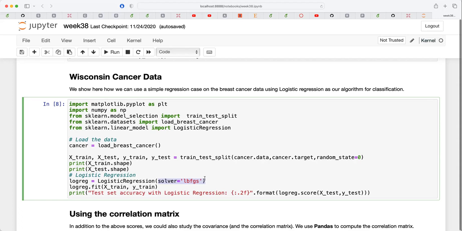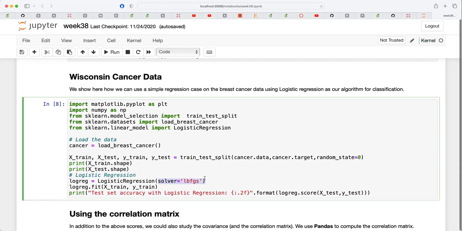So if you classify correctly, this accuracy score is 1, right? So if you have 100 events and you classify all correctly, it's 100 divided by 100. If you are not classifying correctly, you may have less than 1. So this is called the accuracy score, and we are coming back to that a little bit later.